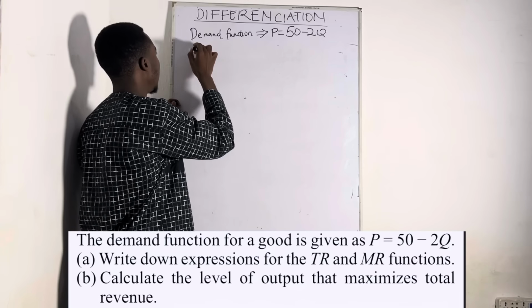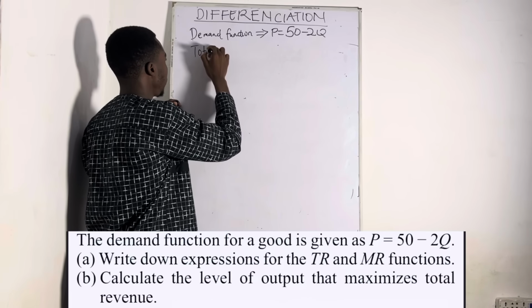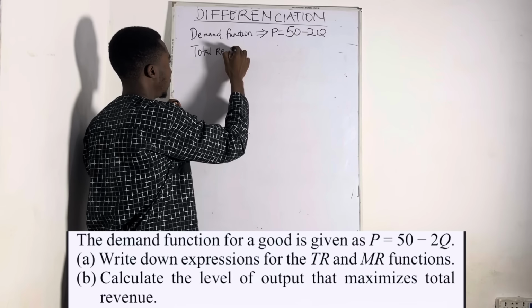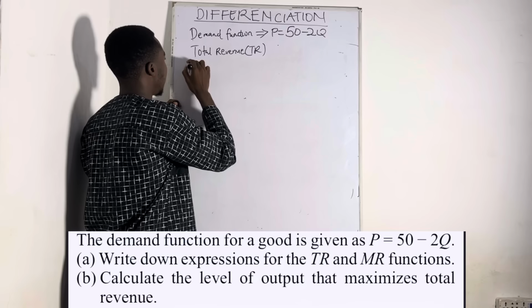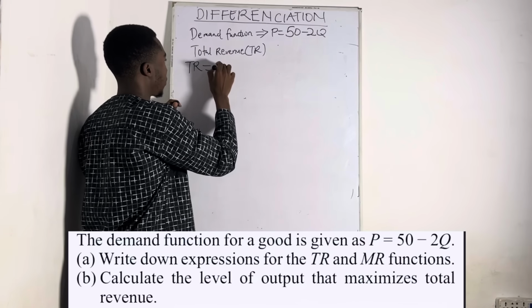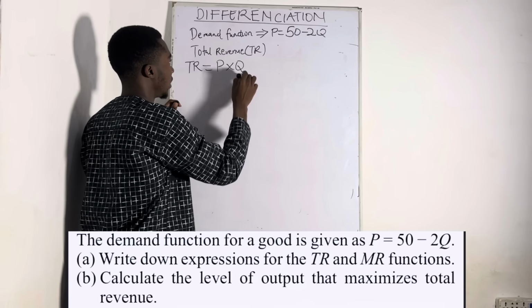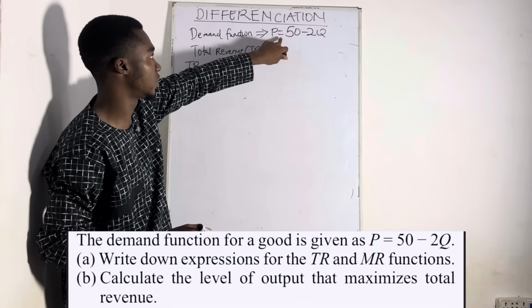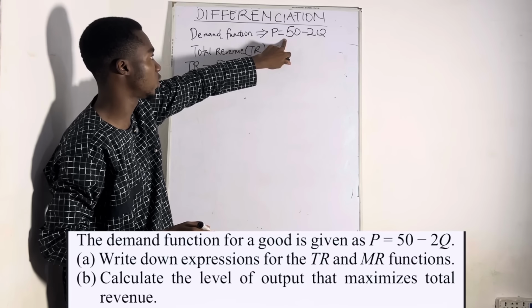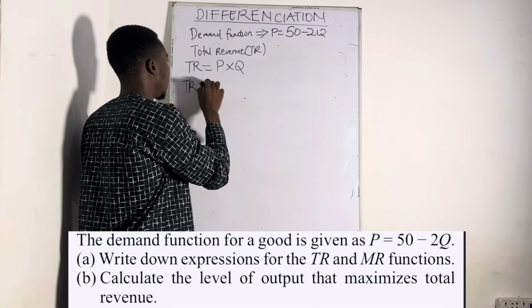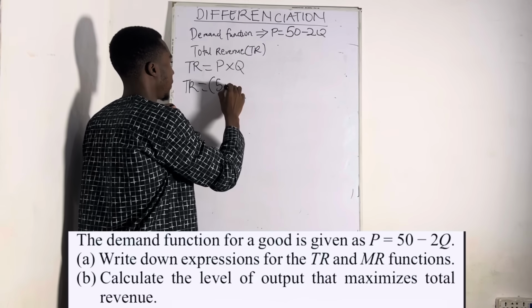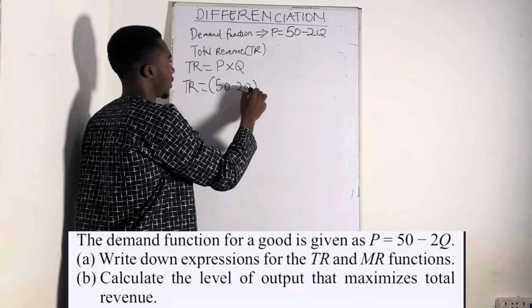So to find the total revenue, TR, know that the total revenue is price times quantity. However, we've already been given price. So they said the P or the price is equal to 50 minus 2Q. So our total revenue is equal to 50 minus 2Q. This is our price.